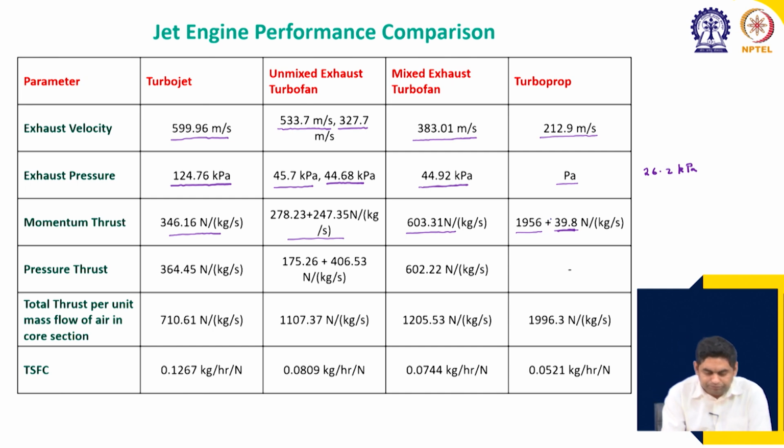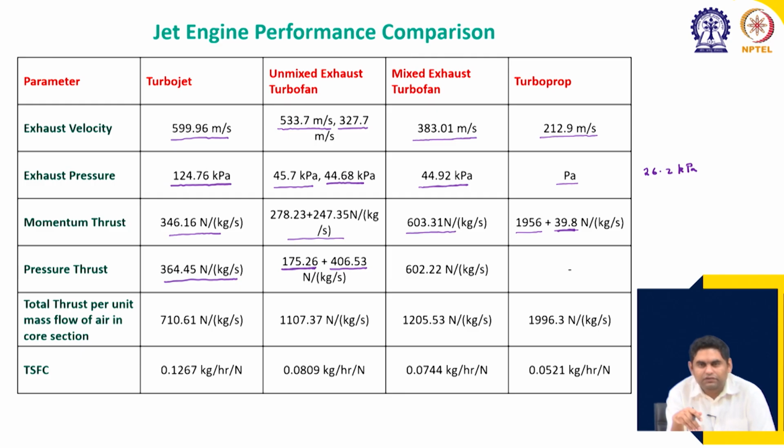On the other hand, remember that these are per unit mass flow rate of air through the core section. If we write this per unit mass flow rate of air overall, then we will get different values. Similarly, the pressure thrust, in the first case this is 364.45 Newton per kg per second, which is a high value relative to that mass flow rate. For the unmixed type, the choked nozzle of the hot section gives a value of 175.26, lower than this 364, but the bypass duct has a higher thrust generation, because the size of the bypass nozzle is very large.